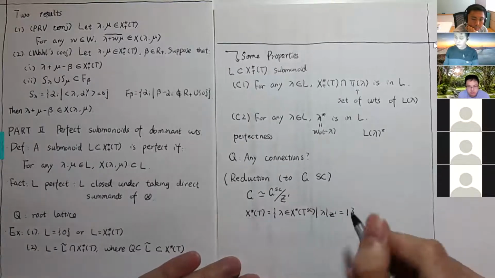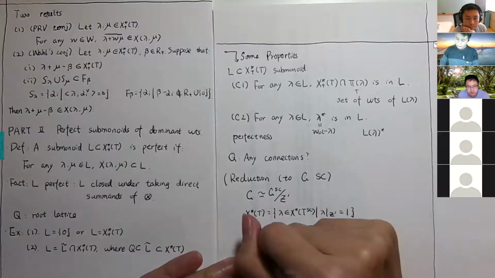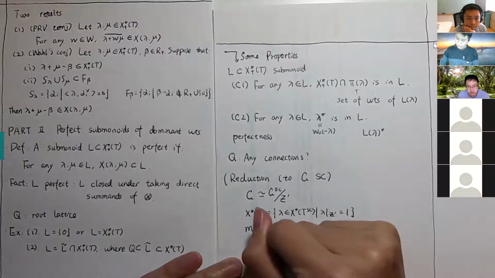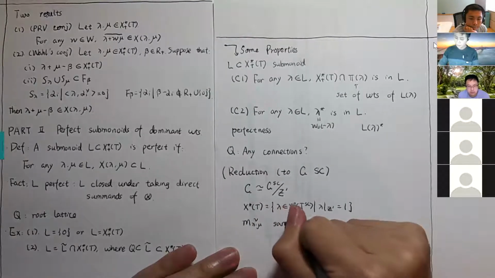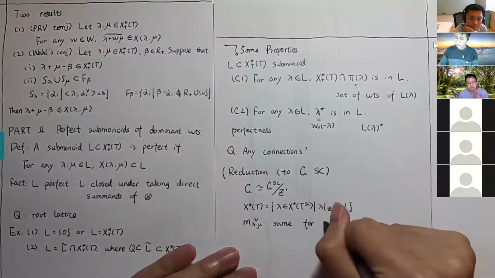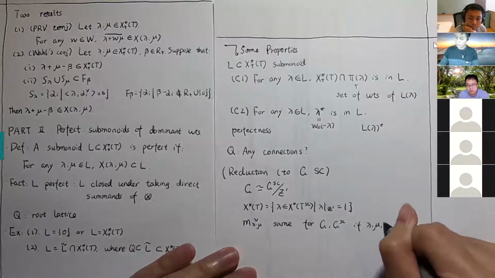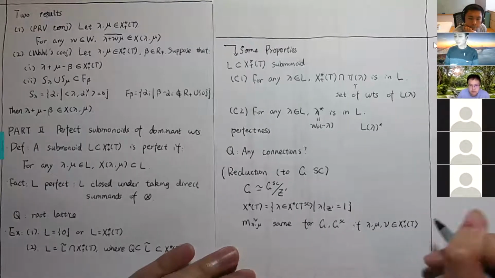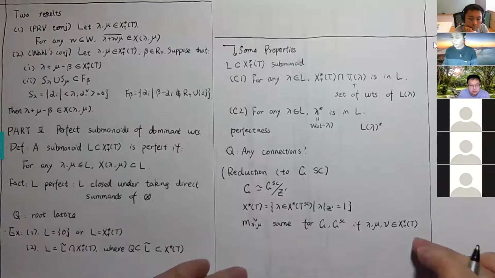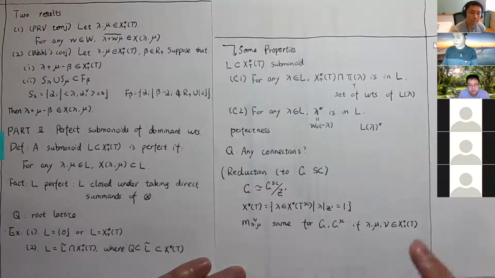And moreover, for that tensor product decomposition, what we need for perfectness, that is, these Littlewood-Richardson coefficients are the same for G and GSC. If we have lambda, mu, nu, dominant weights of T, dominant weights of G, then these multiplicities are the same for G and its simply connected cover.